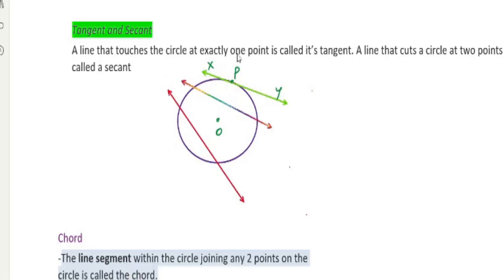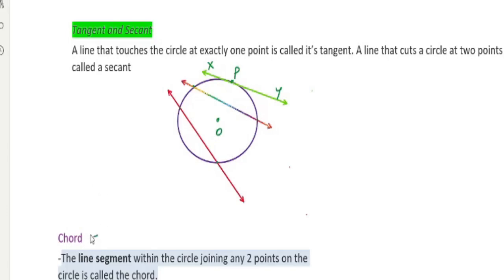So this line we call a tangent of the circle. Similarly, the other 2 lines you can see touch the circle at 2 different points. So these 2 lines are called secants. So these are 2 terms, tangent and secant.